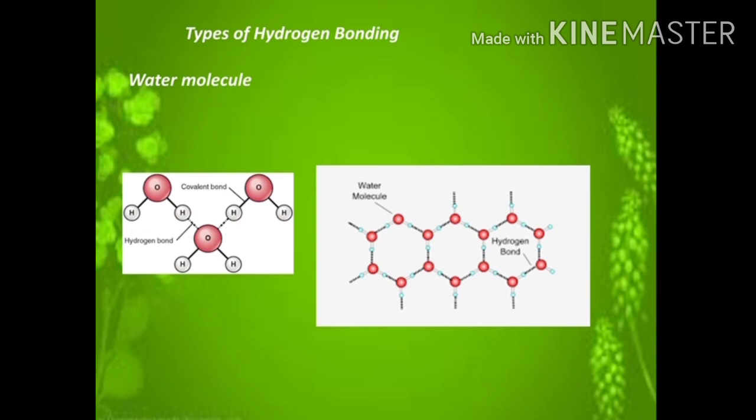The shorter distance, 100 picometer, corresponds to covalent bond, represented by solid line, and the longer distance, 180 picometer, corresponds to hydrogen bond, represented by dotted line in the water molecule.